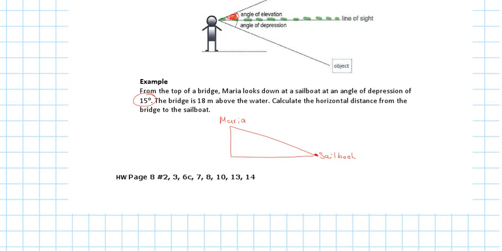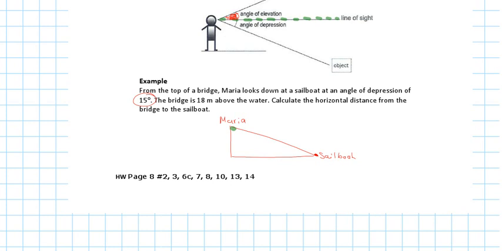Where is the angle of depression measured from? From the horizontal. Do I have a horizontal here? So this is not your 15 degrees, because this is not measured from the horizontal. I don't have a horizontal line there.